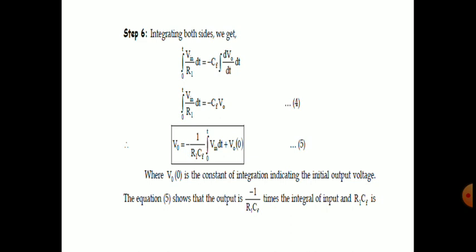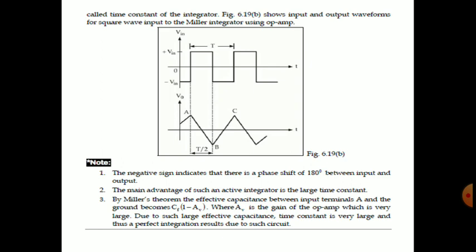Equation 5 shows the output is minus 1 by R1 CF times the integral of the input, where R1 CF is called the time constant.